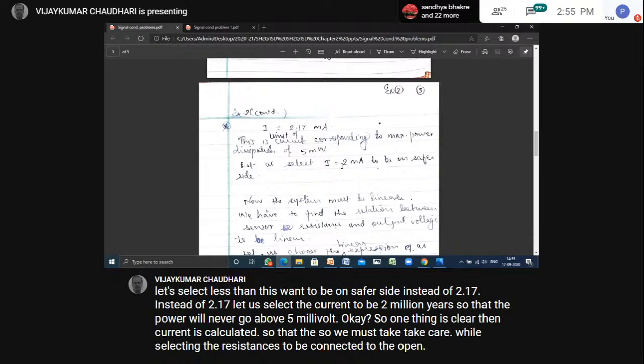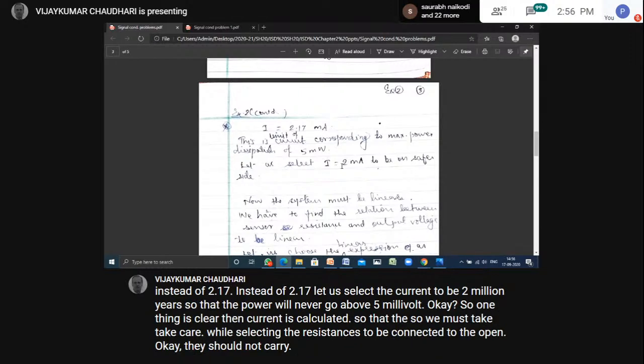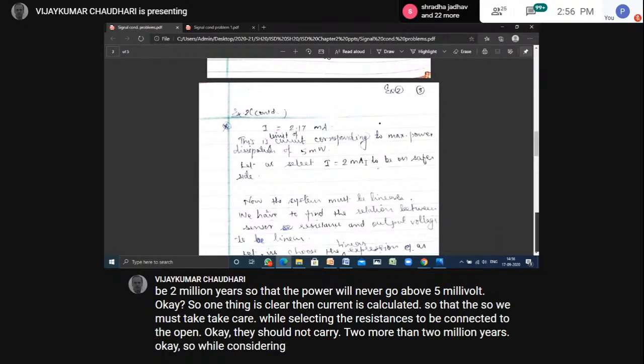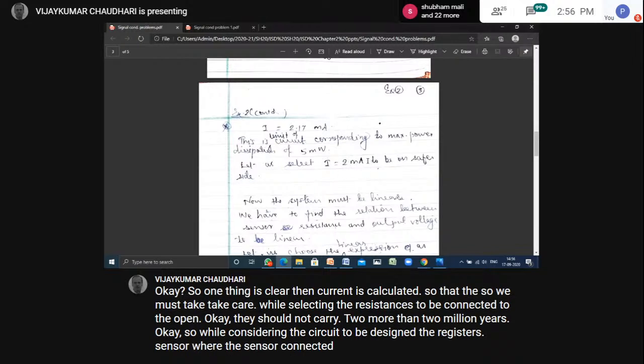They should not carry more than 2 milliamperes. While considering the circuit to be designed, the sensor should not carry current more than 2 milliamperes.